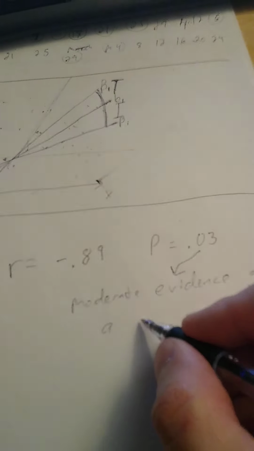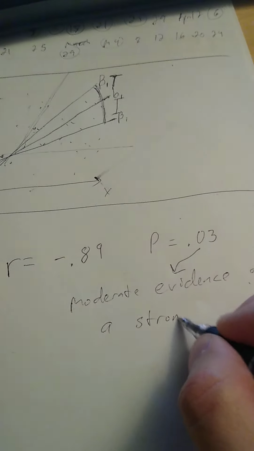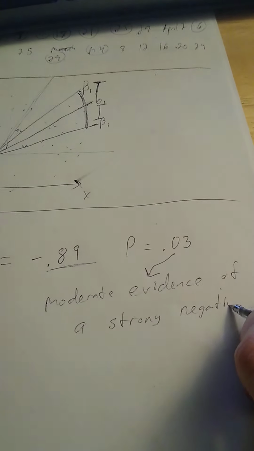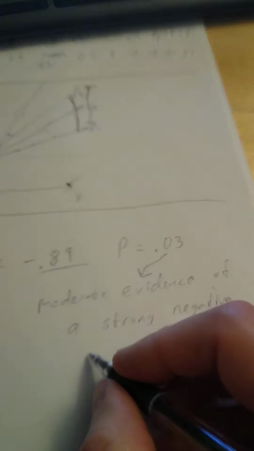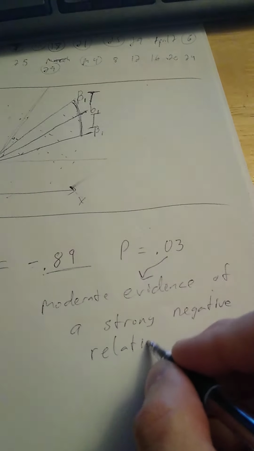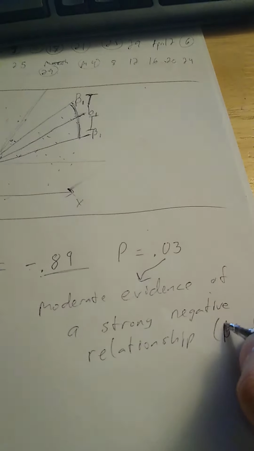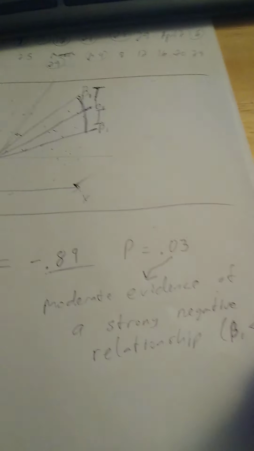The p-value gives me evidence of a strong relationship, 0.89 is pretty strong, negative relationship, which means in terms of parameters, obviously beta sub 1 would be less than 0.